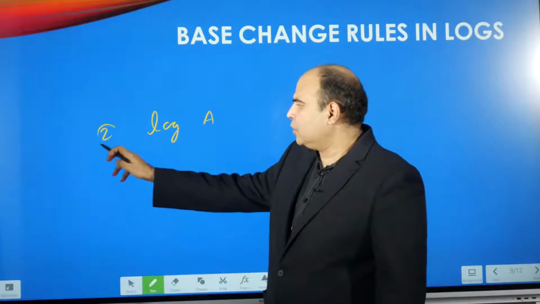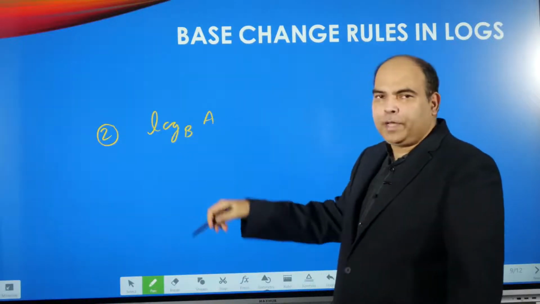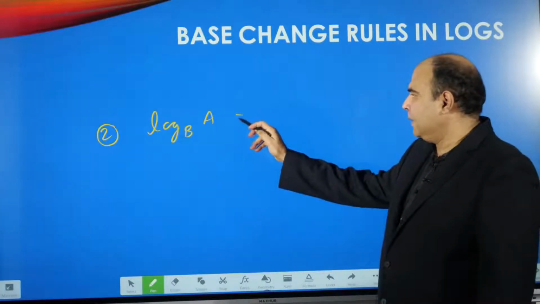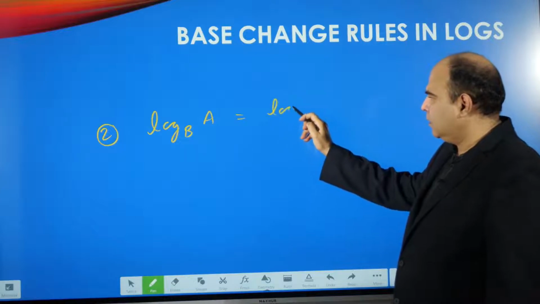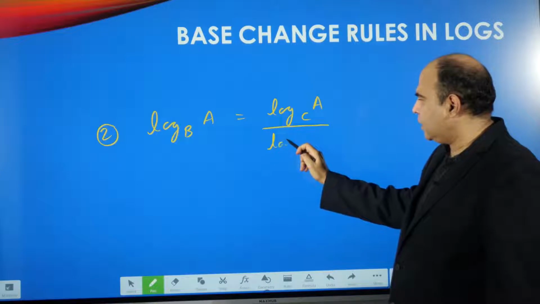This is the actual base change rule in logs, and what this says is that if I have log a to the base b, then I can write this as log a to the base c upon log b to the base c.